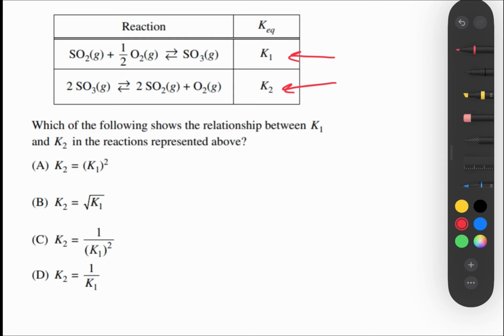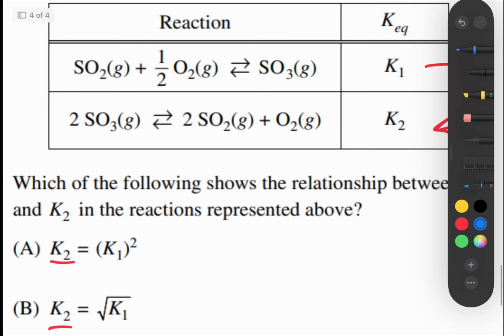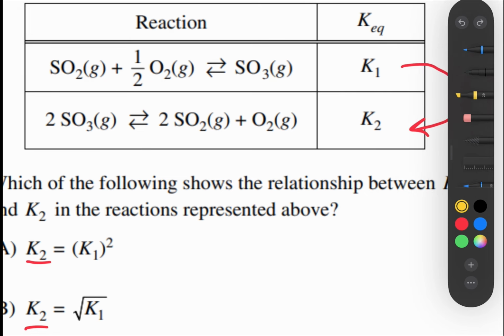Now, as we can see, all of the choices start with K2. You can notice that both of the equations have SO3, almost the same species, but my target is how can I change the value of K1 to be K2?